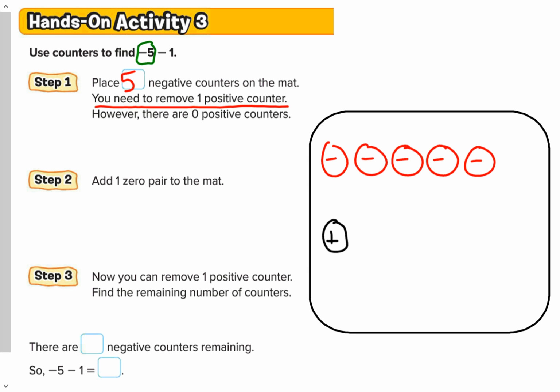Since we don't want to change the value, we have to accompany it with a negative. So technically this is still 0, and it doesn't change the value. We added 1 zero pair to the mat. Now we can remove a positive 1. Let's take that out. What are we left with? We have 1, 2, 3, 4, 5, 6 negative counters. So negative 5 minus 1 is negative 6.